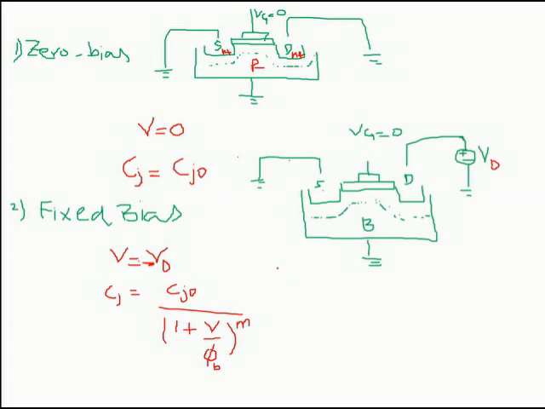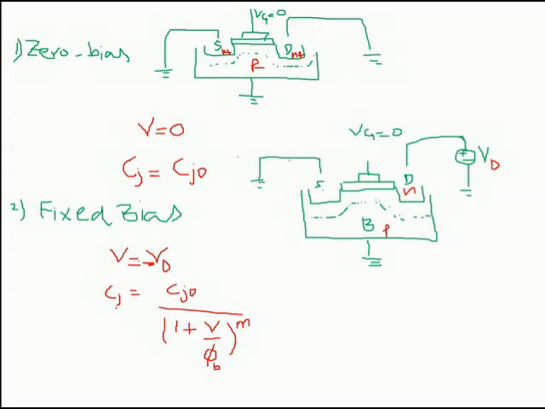In this scenario, the amount of reverse bias voltage across the body drain PN junction is equal to negative VD. Why negative? Because body is P type and drain is N type. So if we apply a positive voltage VD across the drain, the reverse bias voltage is equal to negative VD.